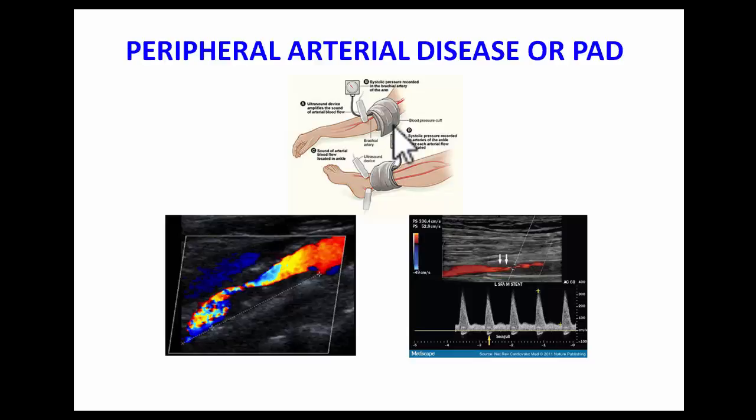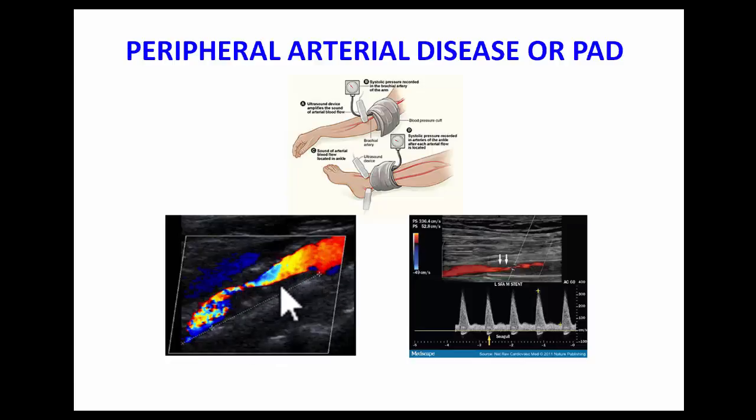The next logical step would be to do a duplex scan, or an ultrasound duplex scan, of both leg arterial systems, and there we can see if there is any evidence of physical blockage and the effect of blockage on the blood flow, on the velocity. Here you see an arterial segment, and this is the blood flow.